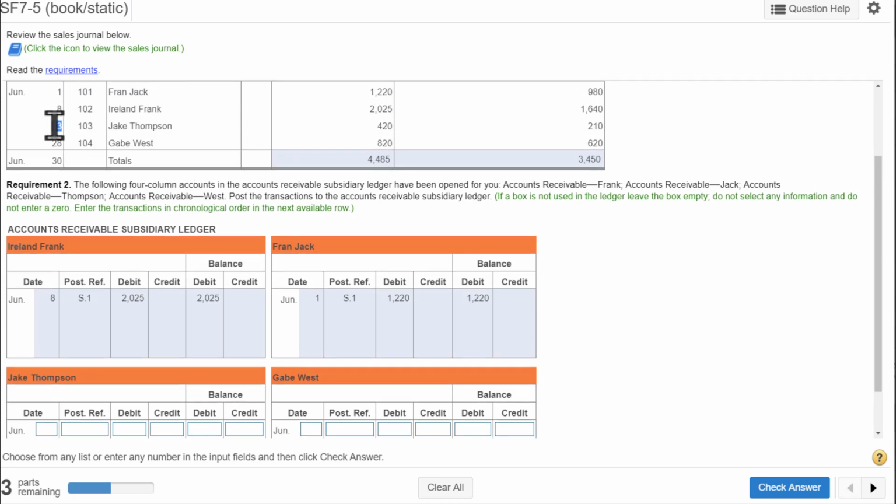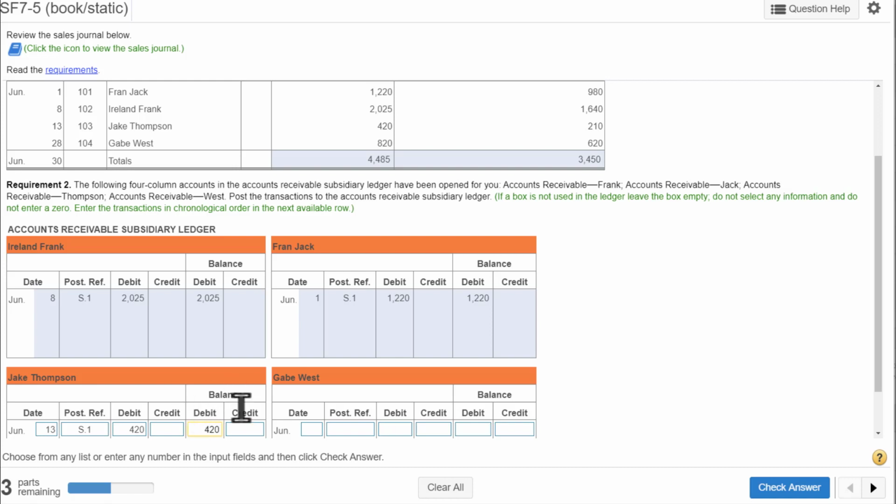Then we're going to continue on our sales journal and go down chronologically. So the next one is on the 13th for Jake Thompson. So we're going to find Jake Thompson, the 13th, post reference, also called a posting reference, is sales journal page 1. Jake Thompson owes us $420. No previous balance.